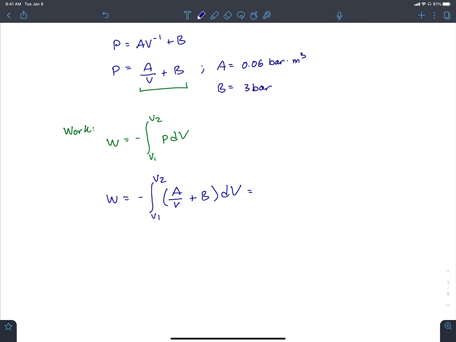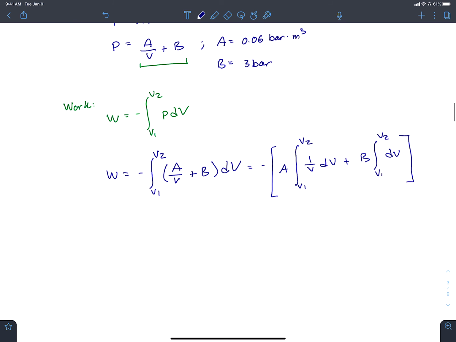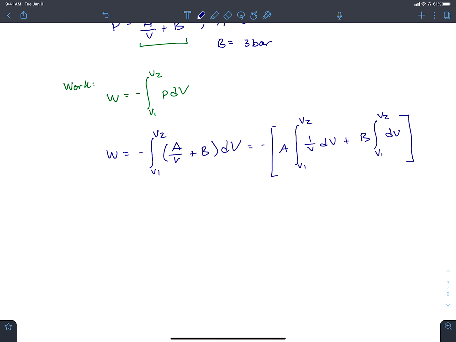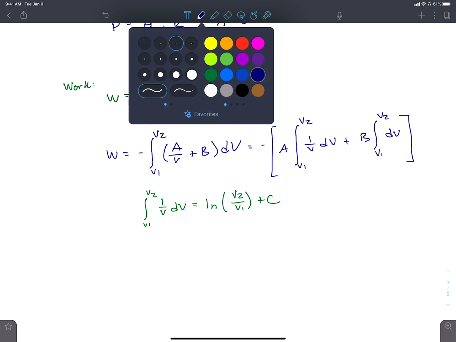I'm going to split this into two integrals, just for the sake of simplicity, and pull my constants out: A times the integral from V1 to V2 of 1 over V dV, plus B times the integral from V1 to V2 of dV. It's the same thing. And an integral identity: the integral from V1 to V2 of 1 over V dV equals natural log V2 over V1 plus C. We apply that same principle here.